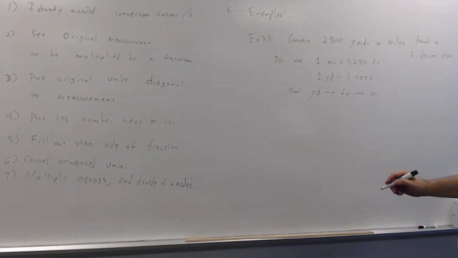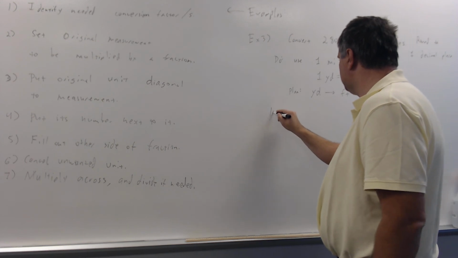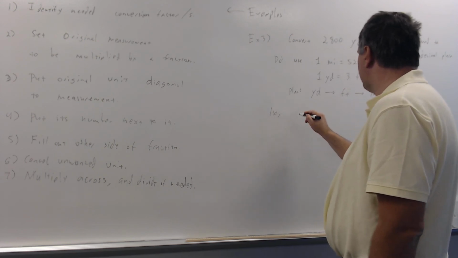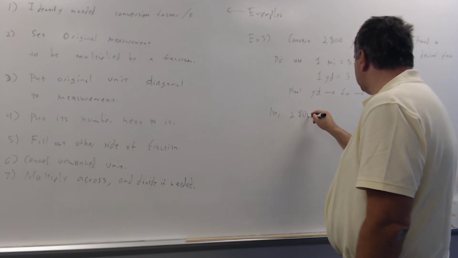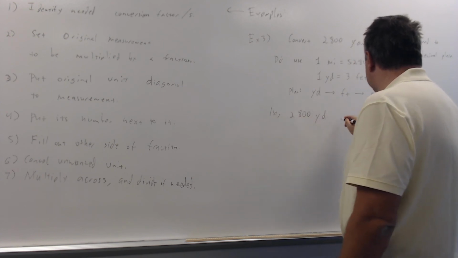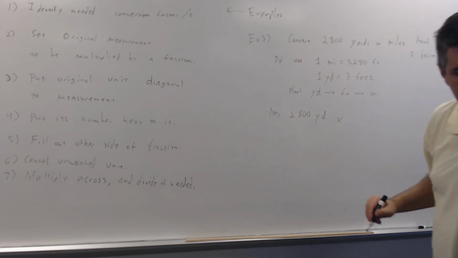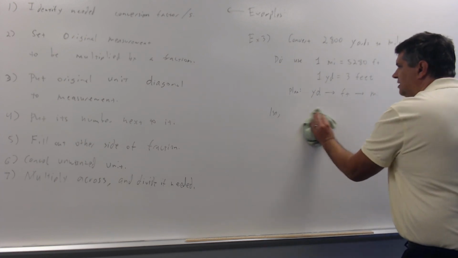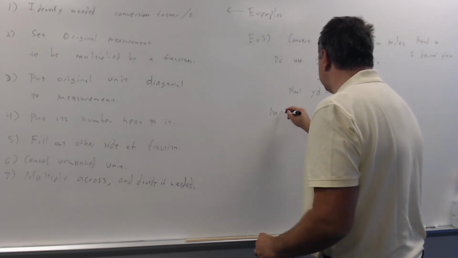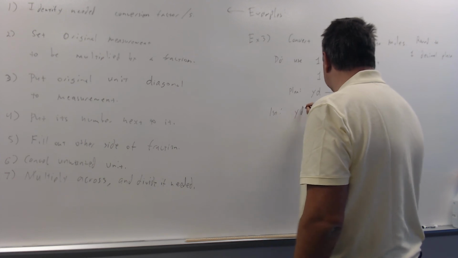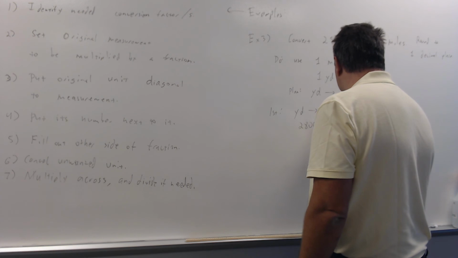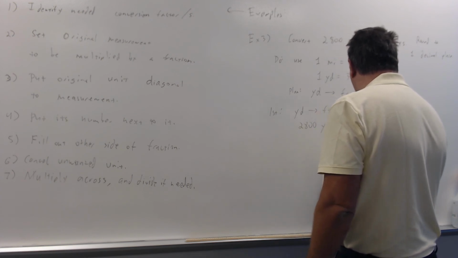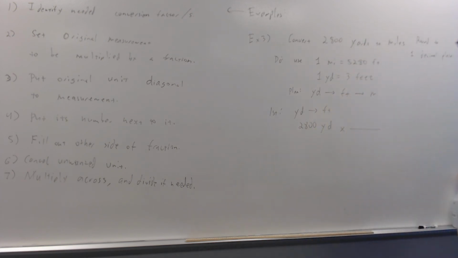Okay, so here goes. First, I'm going to convert 2,800 yards times, so first, yards to feet. Let me go ahead and specify what I'm doing. First, yards to feet. So 2,800 yards times a fraction.